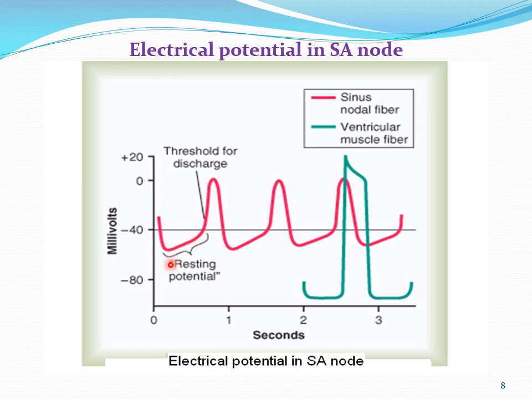Now see how the impulse is produced. Again I will repeat the mechanism of generation of the impulse. If you start from this point, I told you that the resting membrane potential in SA nodal fiber is minus 55 at resting level, when there is no impulse. Now the fiber is naturally more leaky to sodium ions.